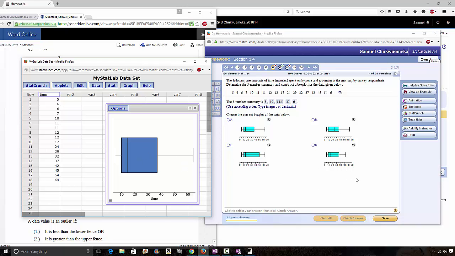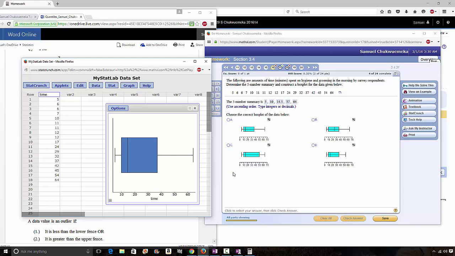Now I can check this by visual comparison. You see that it's not going to be this one, no. But the best thing is to just do it by minimum. The minimum is 5. Okay, so A is off, B is off, C is off.